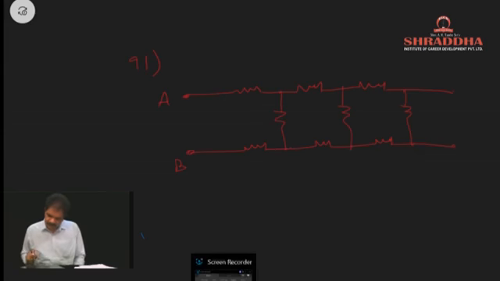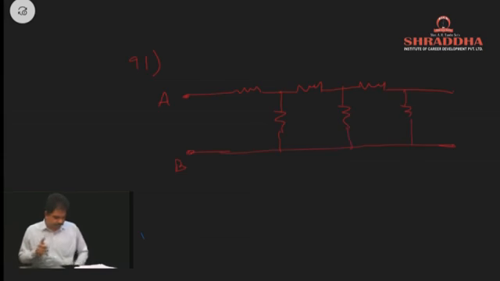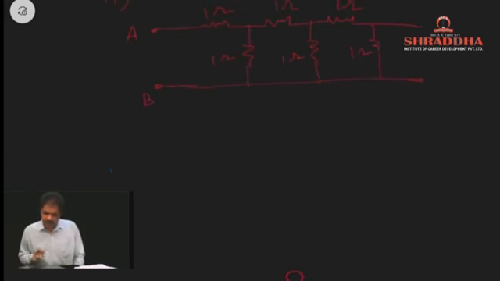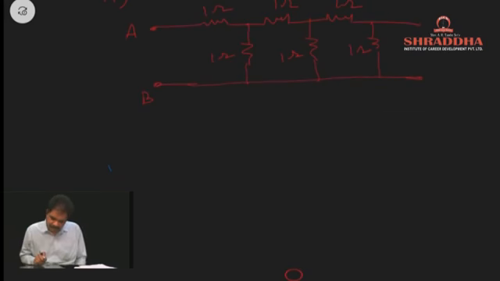So here all are identical resistances. Here what we will get is, this is 1.